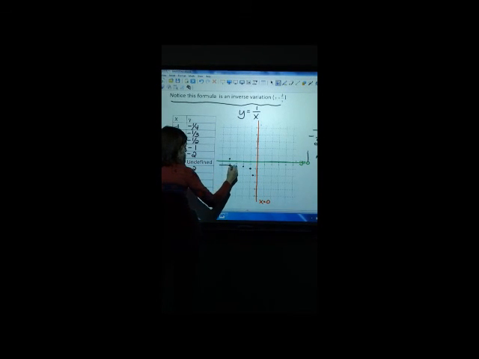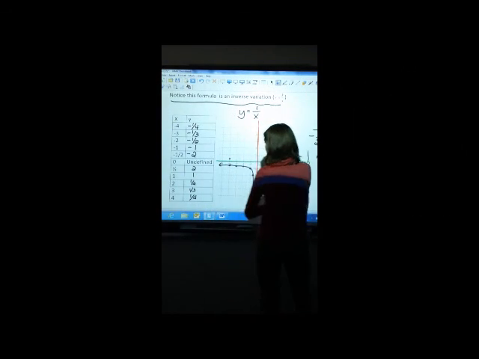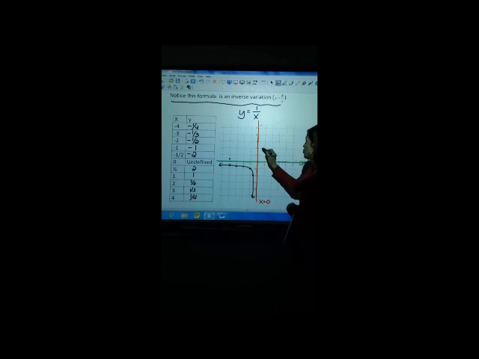If I plot these, they're going to get really, really close to those asymptotes. But remember, an asymptote is a line that we can get really close to, but we never touch. I go to the other side, and I plot 1/2, 2, 1, 1, 2, 1/2, 3, 1/3, and 4, 1/4.